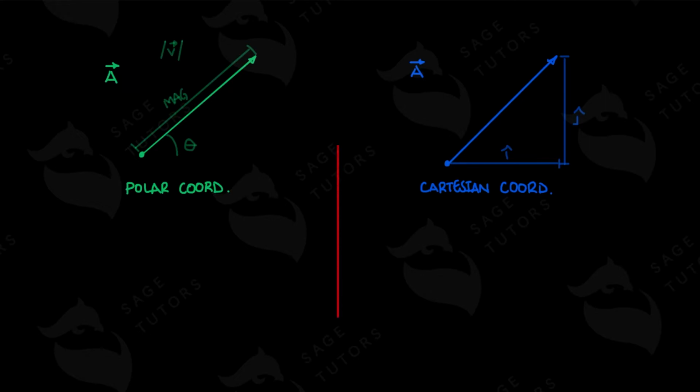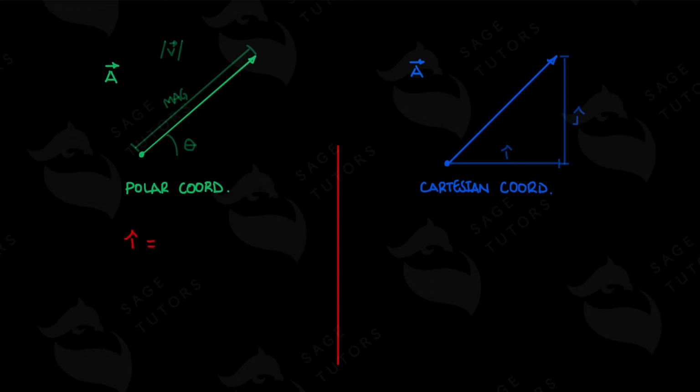There are several formulas you can use to jump from polar coordinates to Cartesian coordinates and vice versa. For example, let's say you have a vector written in its polar coordinates, so you have the magnitude and the angle at which this vector is pointing. To obtain the I component and the J component, you can use the following formulas.